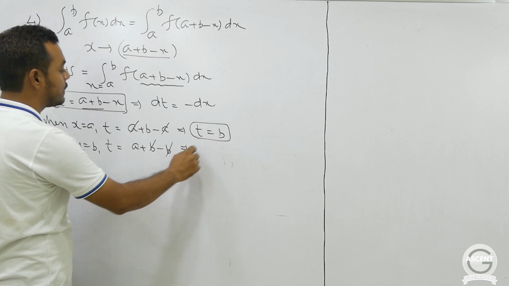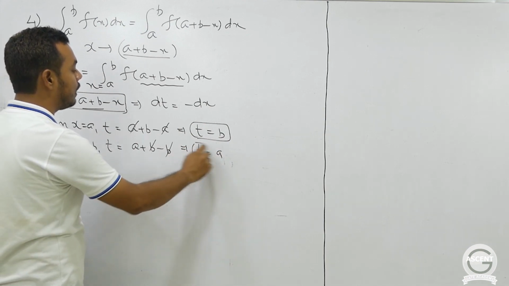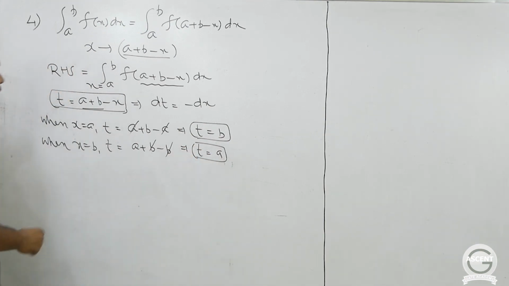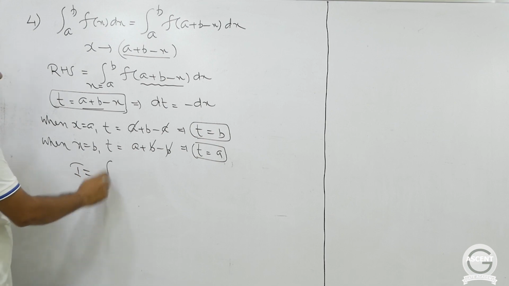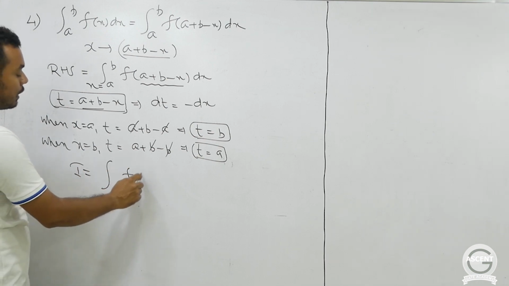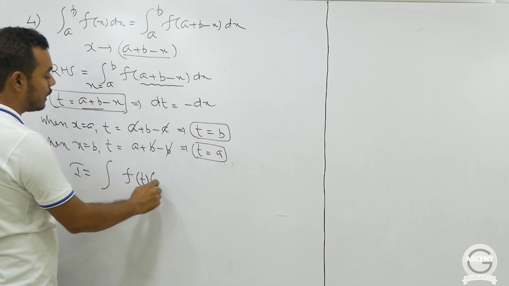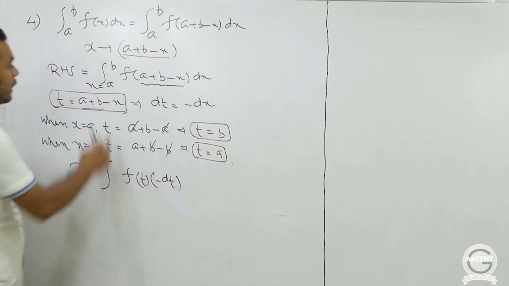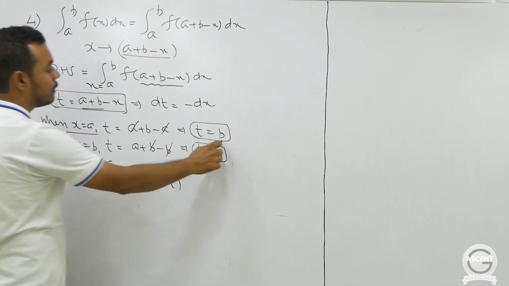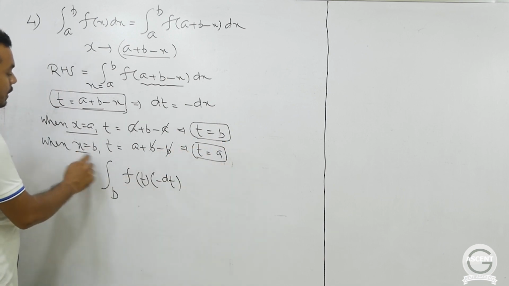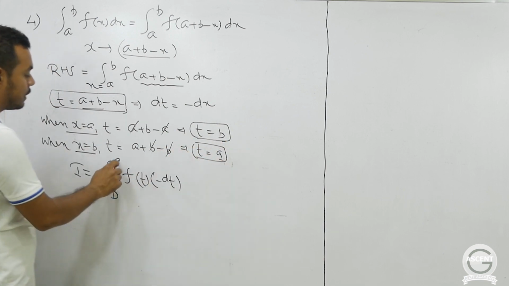Now these two will cancel and this gives t equals a. So we can write this integral as integration f(a plus b minus x) dx. So this becomes f(t), dx is minus dt. When x is a, the value of t is b. When x is b, the value of t is a.